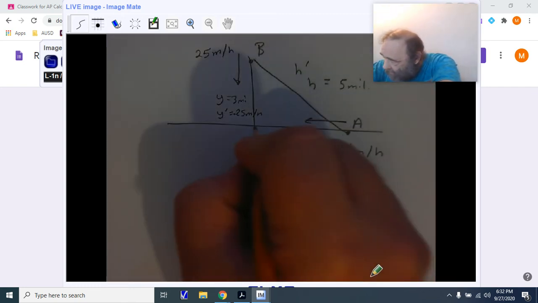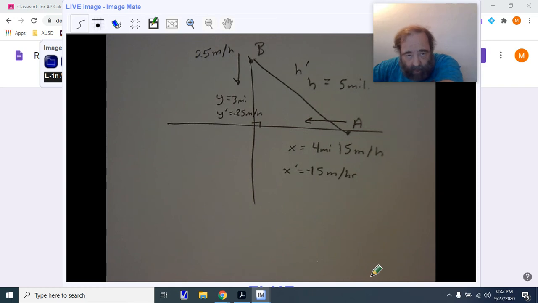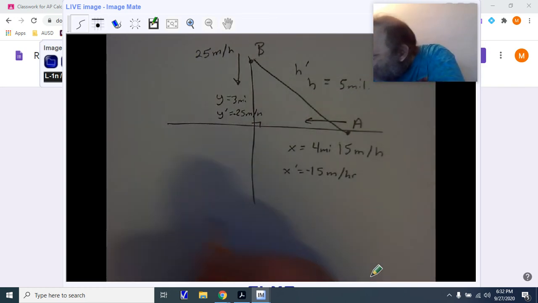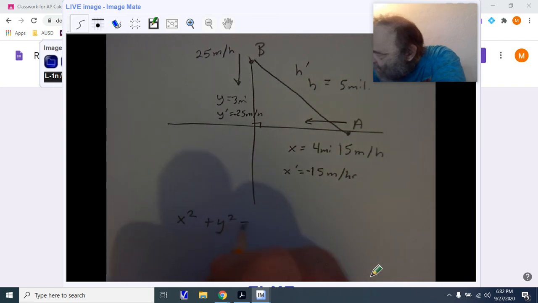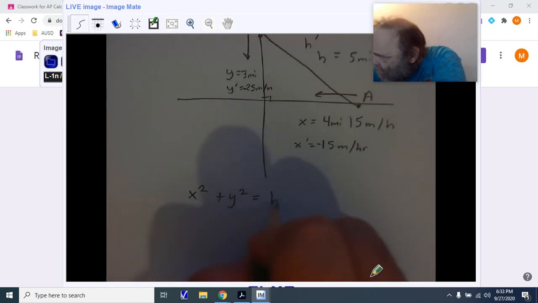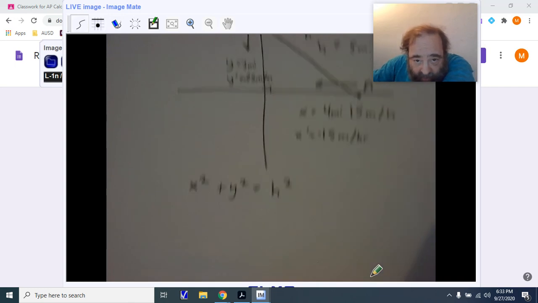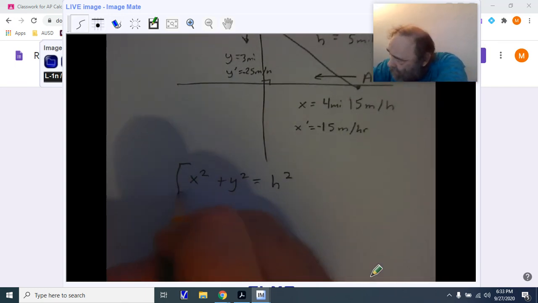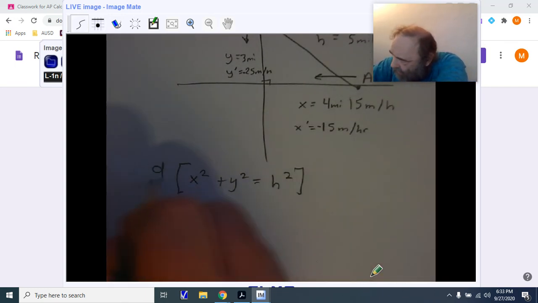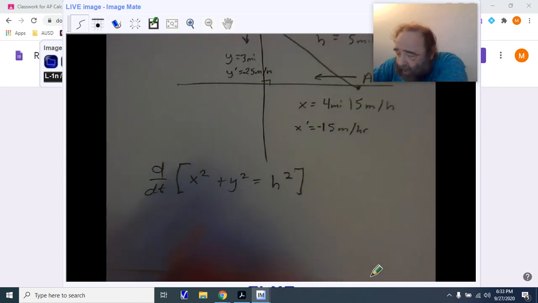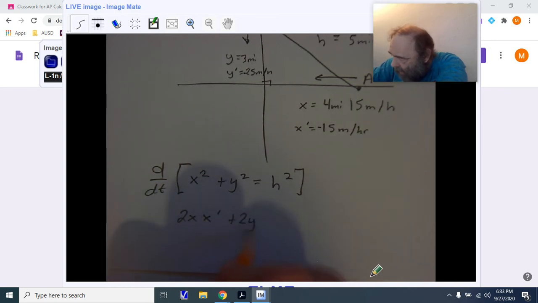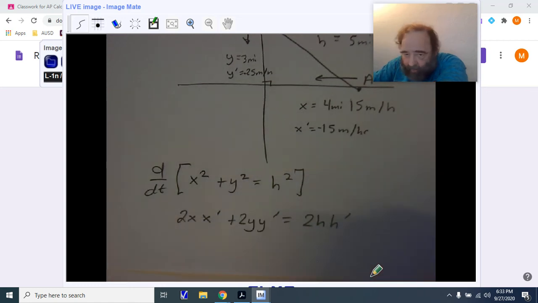And this is a Pythagorean theorem. So we have x squared plus y squared equals h squared. And if we do a related rate in terms of time, we get 2x x prime plus 2y y prime equals 2h h prime.